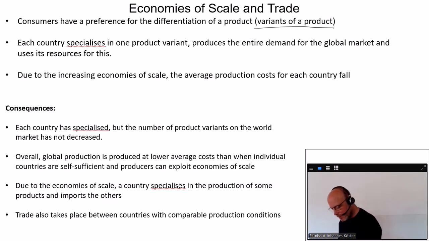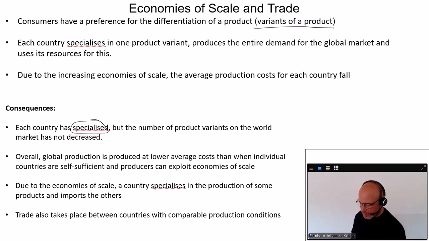So we have the specialization in the product variant, but since everybody can buy at the world market, we do not have only one car. Remember the communist system in the GDR: you had only one car. It was decided that our country provides only one car. This was the Trabi. There you have this closed market.